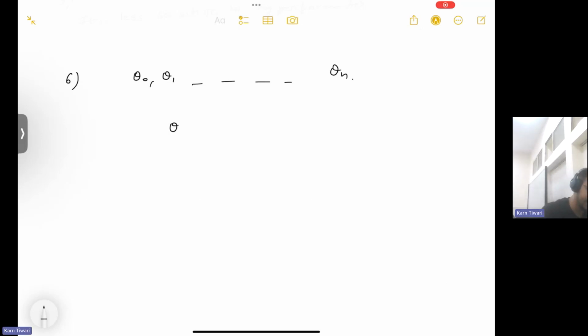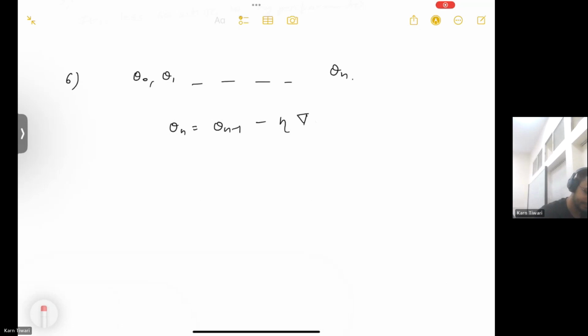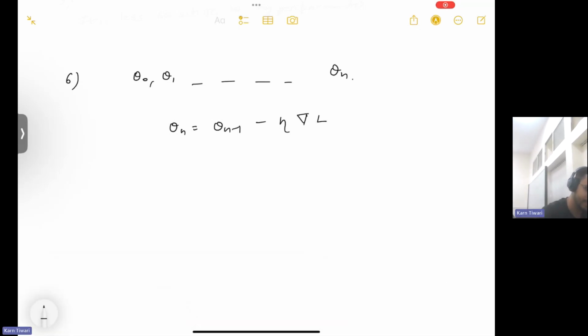So theta n is equal to theta n minus 1 minus eta del of L by del of theta. The reason that the difference between theta n and theta n minus 1 is not gradually changing is because eta might be very small.